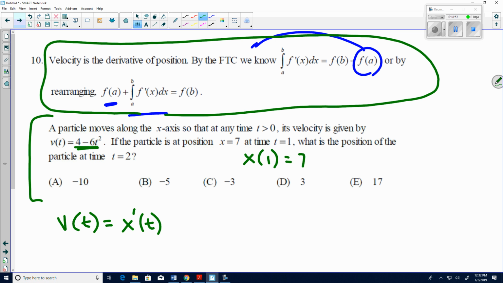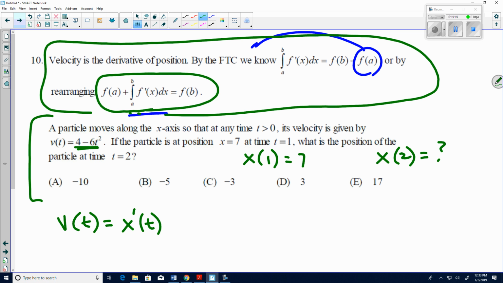What is the position at t equals 2? We need x of 2. That's what we're trying to find. And we know velocity is the derivative. So we're just going to use this form of the fundamental theorem right there. We're going to take the initial value.